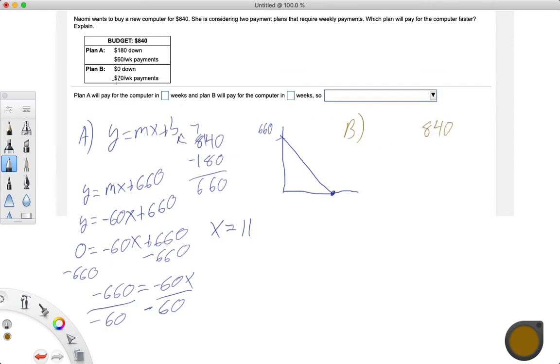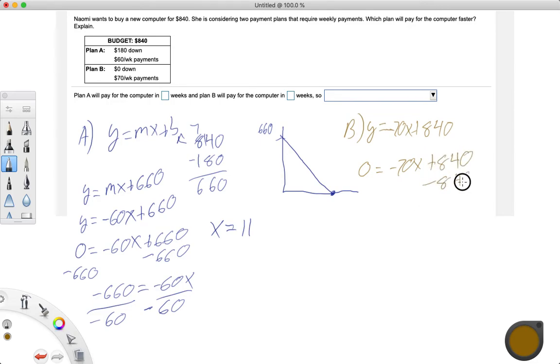Our slope, they're paying $70 a week, so negative 70x plus 840 is equal to y. And we want to find out when y is going to be 0, so we're going to plug in 0: 0 is negative 70x plus 840.